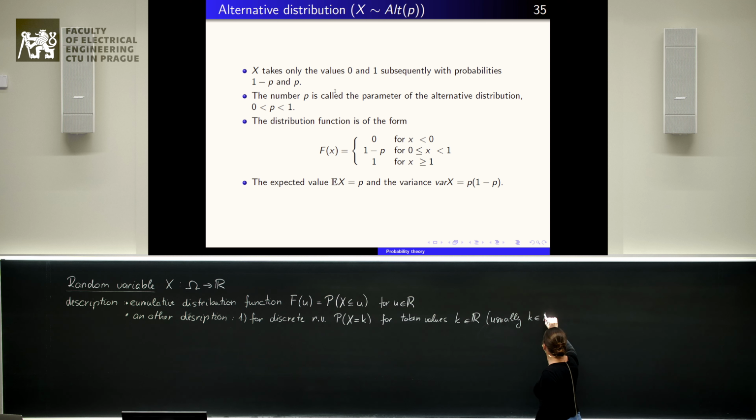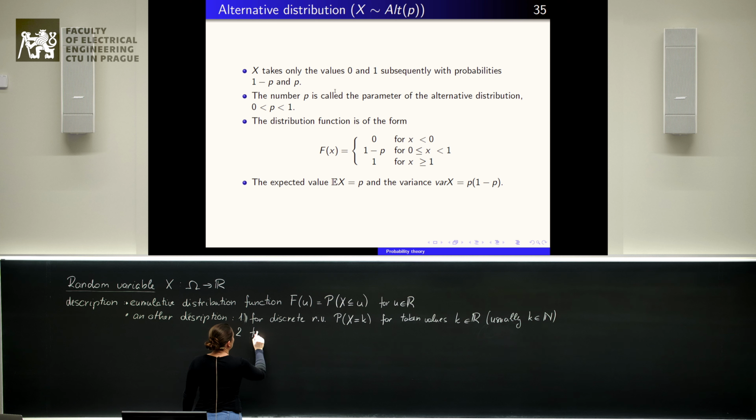So usually k is a natural number. But in general, it can be an arbitrary real number. The point is that there must be a finite or countably infinite number of values which are taken.